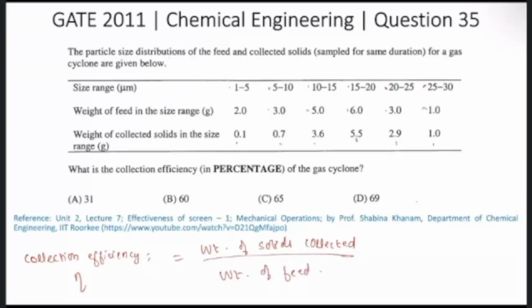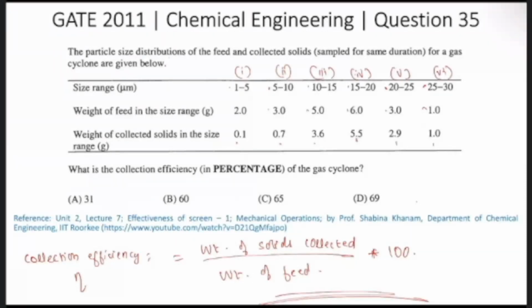And if we need it in percentage, this will be into 100. Now we have to apply this collection efficiency formula for each of these different size ranges separately. So let us take the size ranges as range 1, 2, 3, 4, 5 and 6.